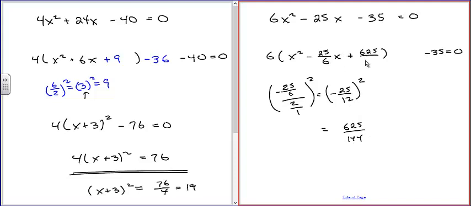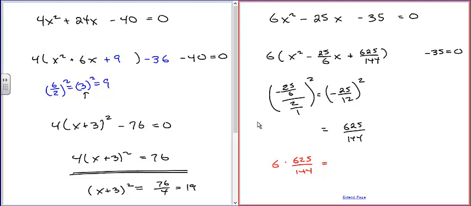625 over 144. But what we're really doing is adding 6 times 625 over 144. We have to multiply it by 6. And so we should be able to simplify that.